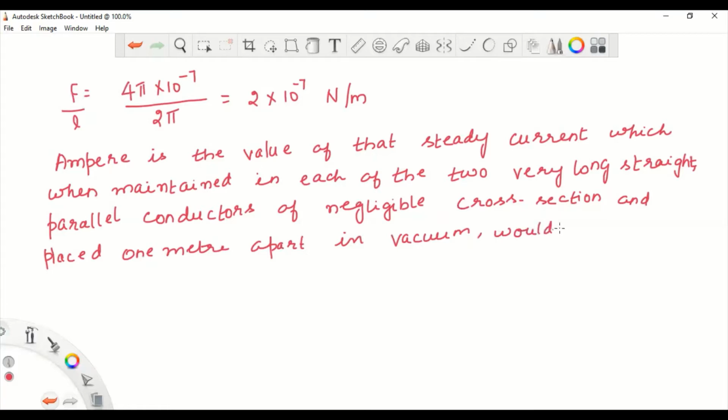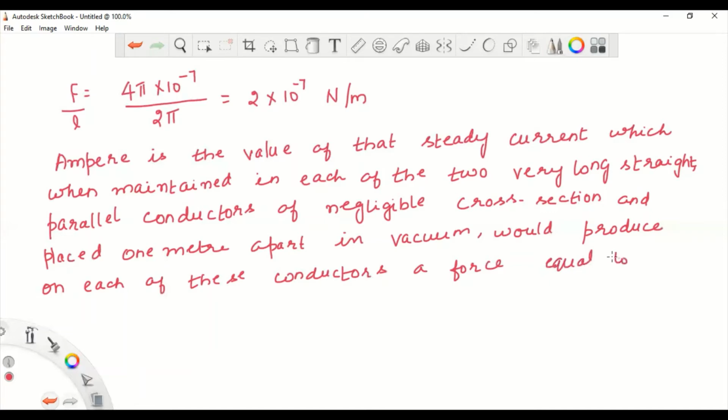would produce on each of these conductors a force equal to 2 into 10 power minus 7 newton per meter of length.